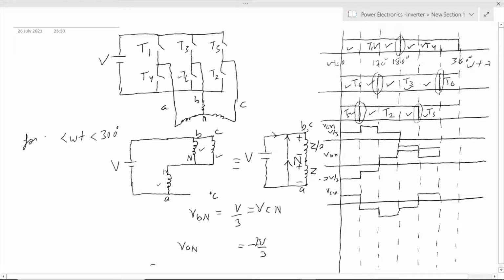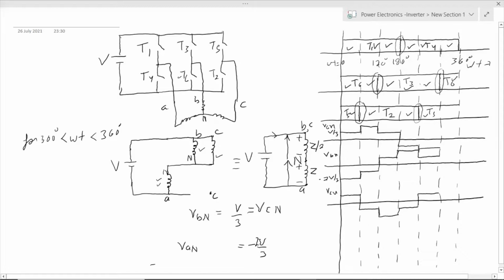Okay, now the last section of this cycle. So it will be from 300 degree to 360 degree. So from 300 to 360, T4 is on. So T4 means A phase is connected to the negative. So this is okay. Then T6 we are making on.